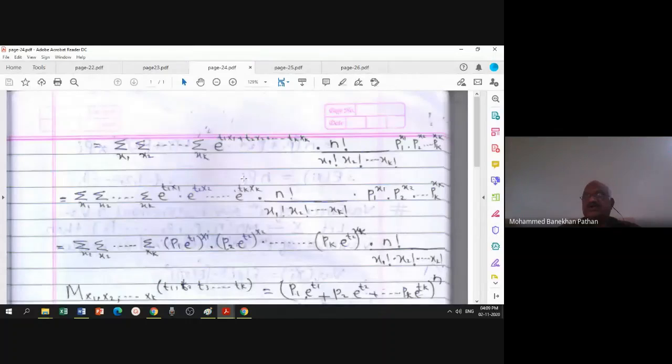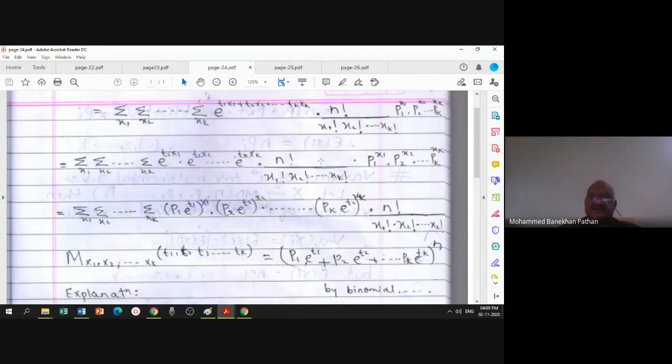And I told you the way of writing expectation: E is replaced by summation, what is inside the expectation is written as it is, multiplied by the corresponding function. So this is my function of the multinomial distribution. Let us proceed ahead.